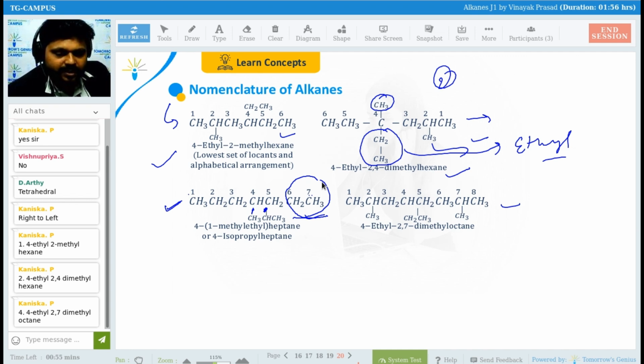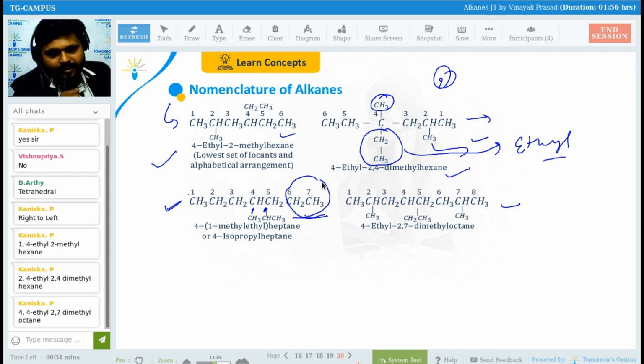So now, what should be your right answer for this question? It is attached at the fourth carbon, and with that carbon, two carbons are again attached. So can we say like this? See guys, at the fourth number there is a carbon present, and that carbon is attached to another two carbons.